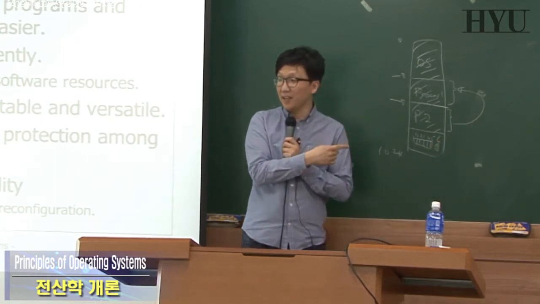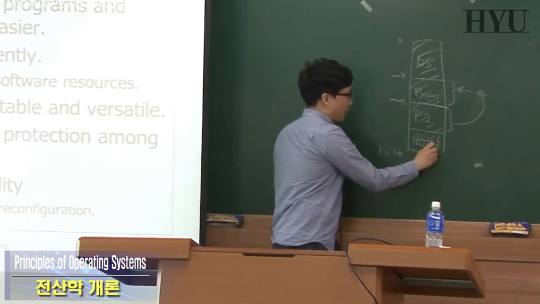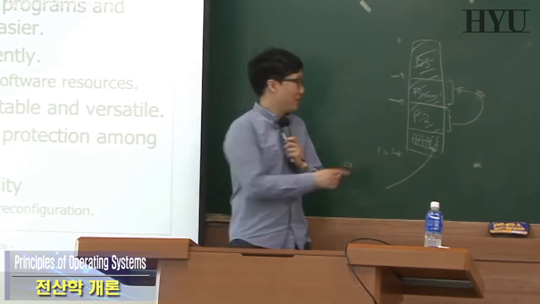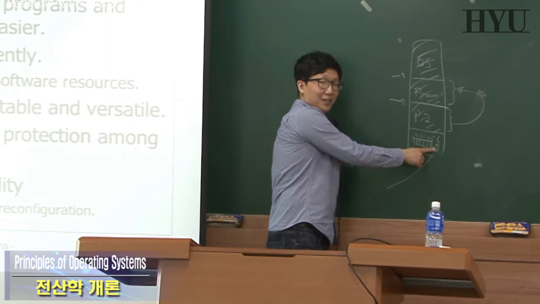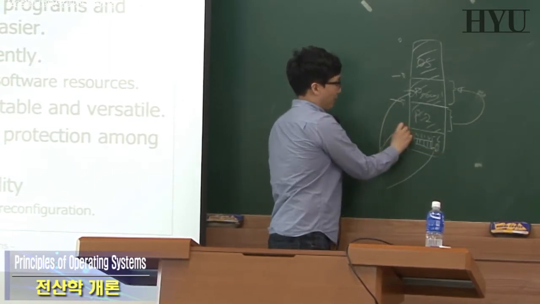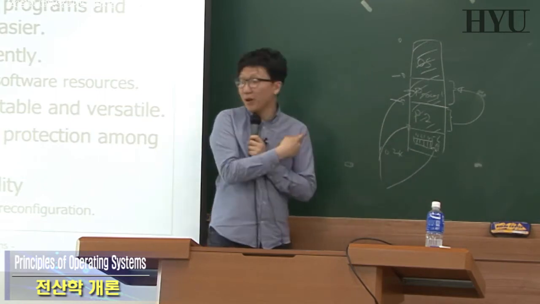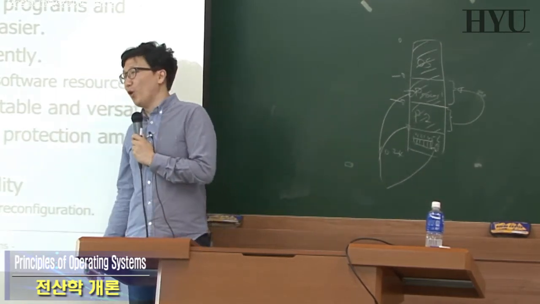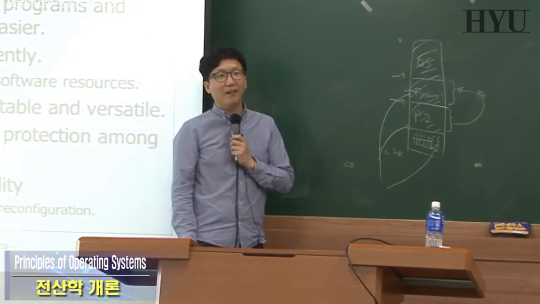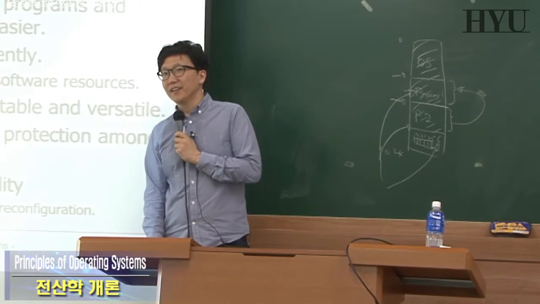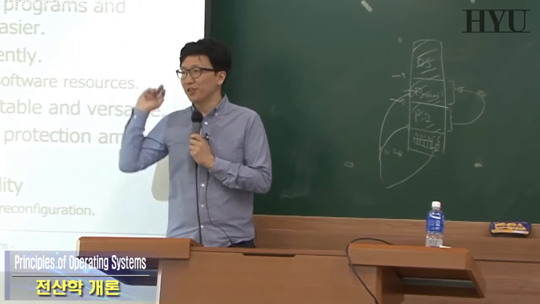But that's actually not there. But in your program, you try to access this space, which doesn't exist. So this may be pointing, if you're lucky, somewhere around here, or it could be pointing anywhere like this. Problem. Usually the program crashes. Or if that happens, hackers try to do this intentionally, and then go to administrator mode.